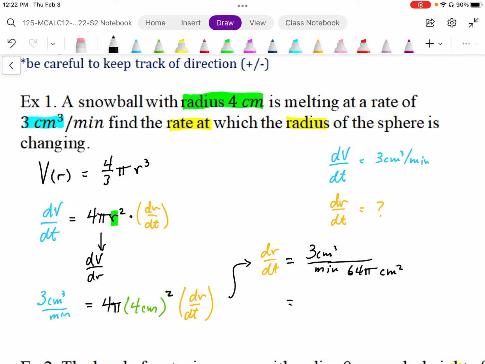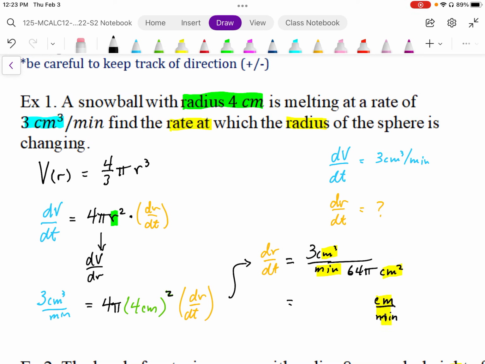So if you take a look at the units, I get centimeters in the numerator per minute in the denominator. That's the rate of change of my radius. Okay, I'm just going to highlight that here. So that's all these units I just grouped together into here.